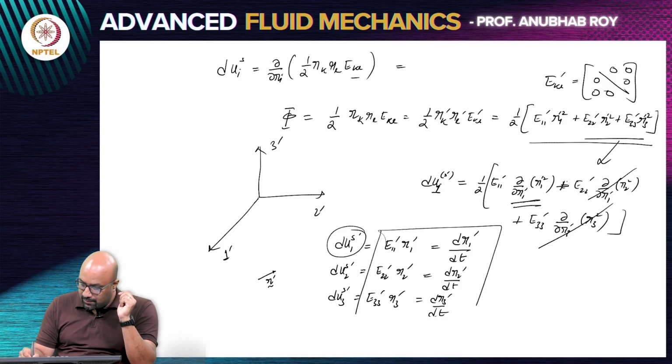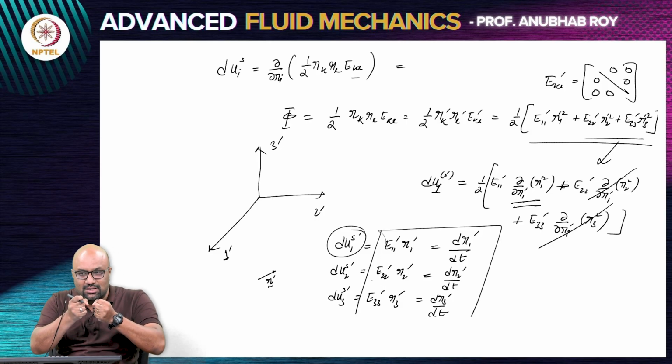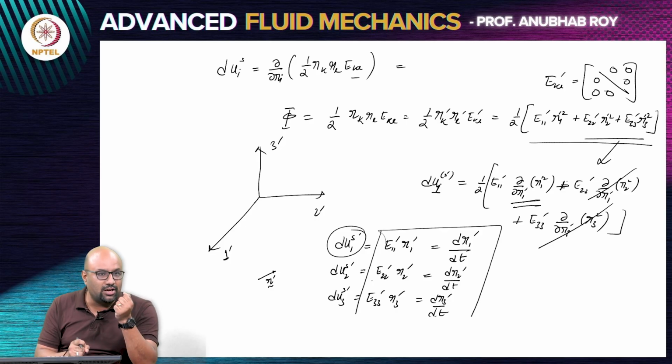So, now you have an equation which tells us that the separation between 2 points is going to change. Given that you know the values of E11 prime, E22 prime and E33 prime, the separation distances are going to grow exponentially fast or shrink exponentially fast.